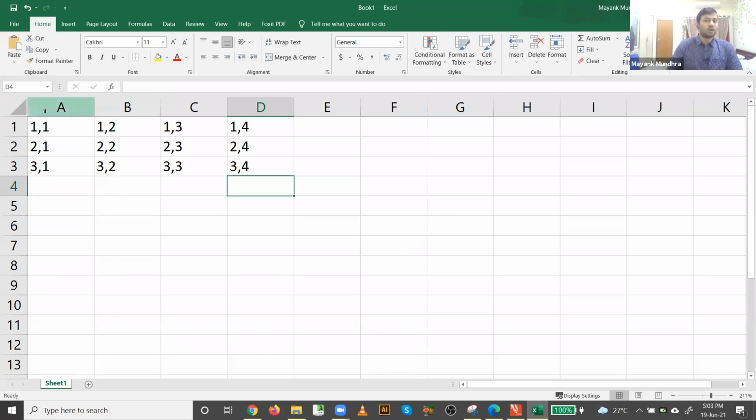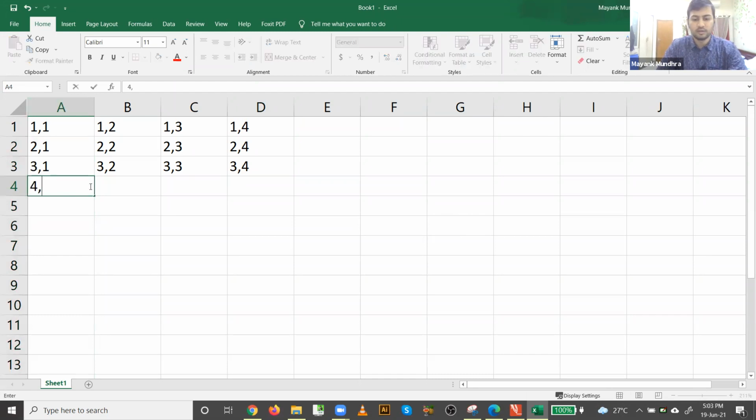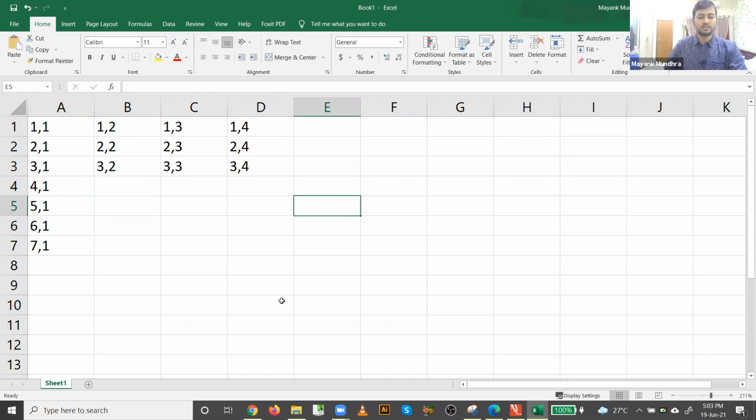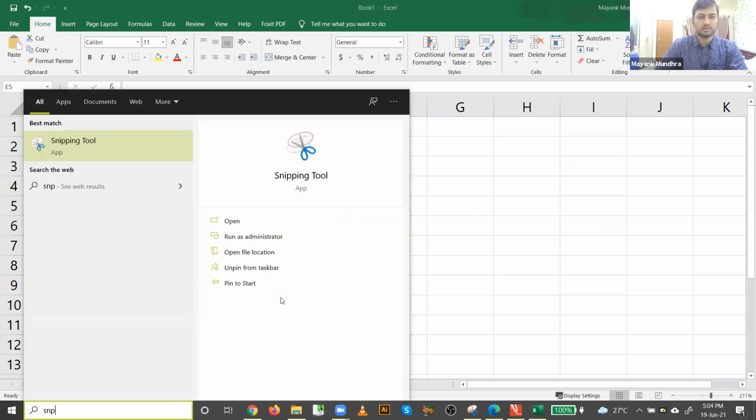So each of these columns itself is the same size as the natural numbers. You can construct a one-to-one onto mapping from here to the set of natural numbers. So let me write down this set: 4 comma 1, 5 comma 1, 6 comma 1, 7 comma 1. Let me just take a snapshot of this.